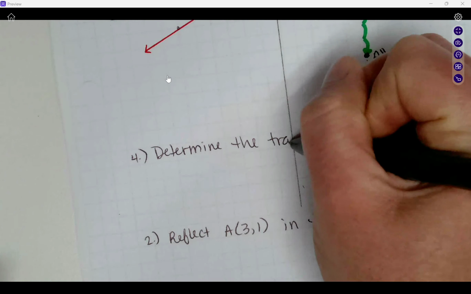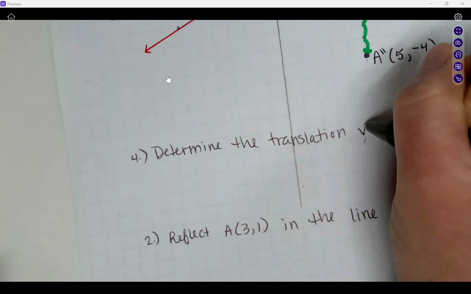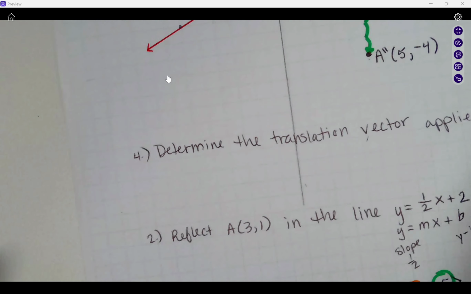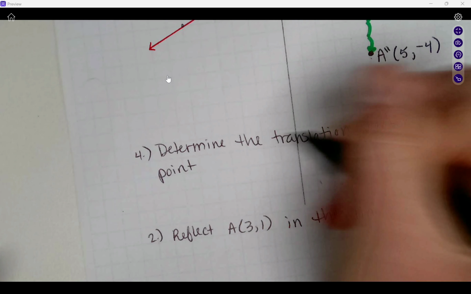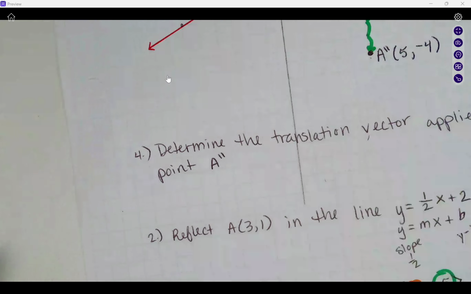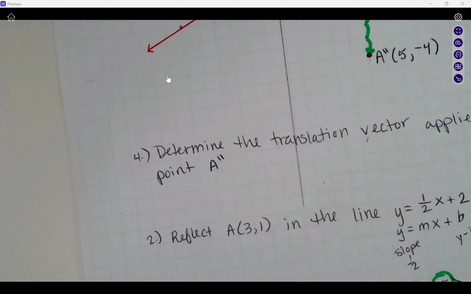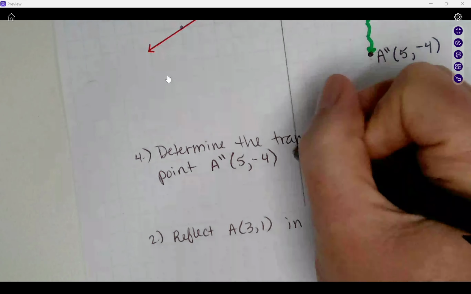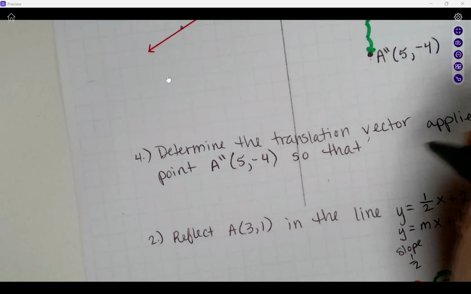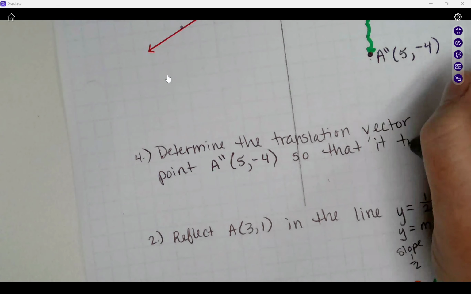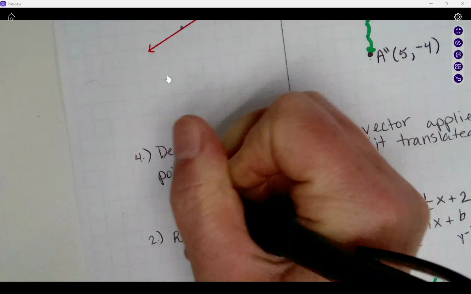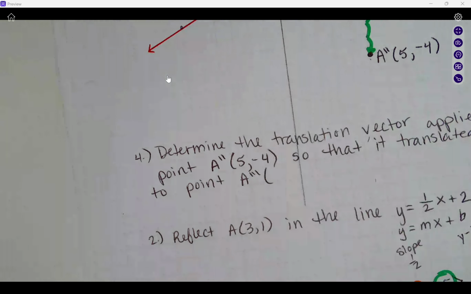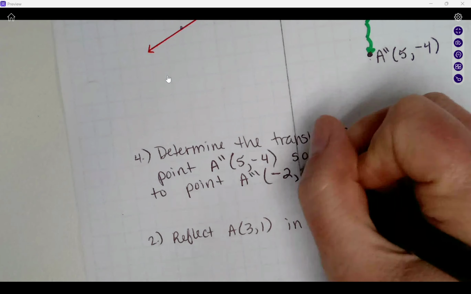Determine the translation vector applied to, let's say, point A double prime, 5, -4, so that it translated to point, let's say A triple prime. I don't know, let's do -2, 5.